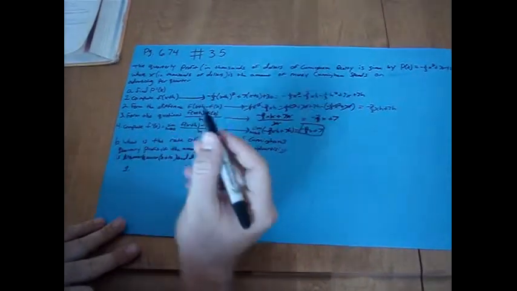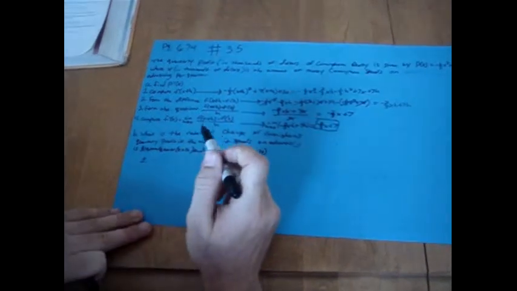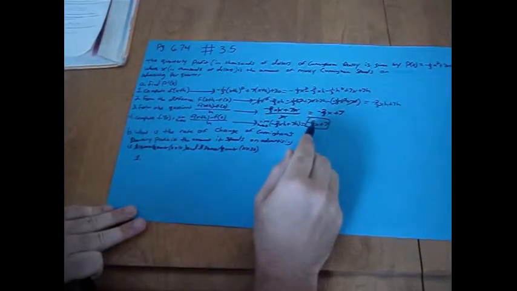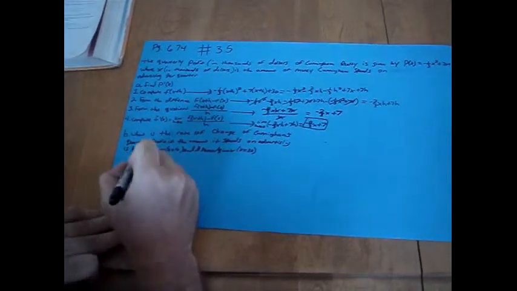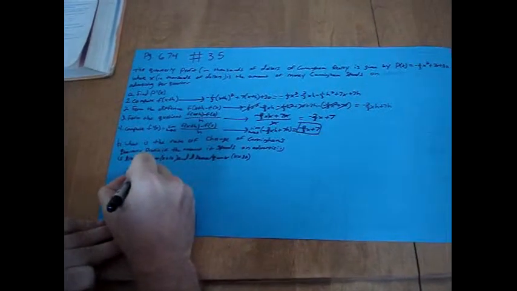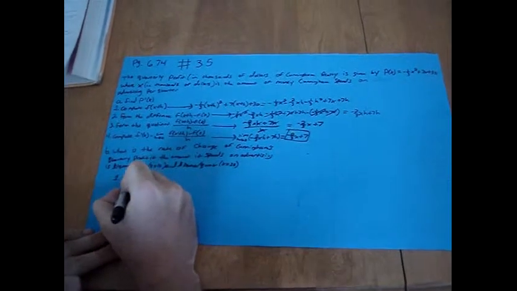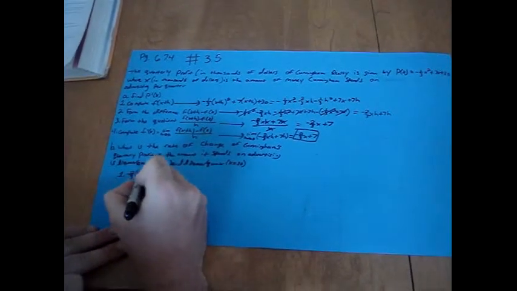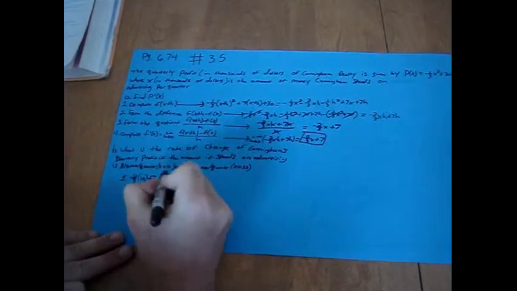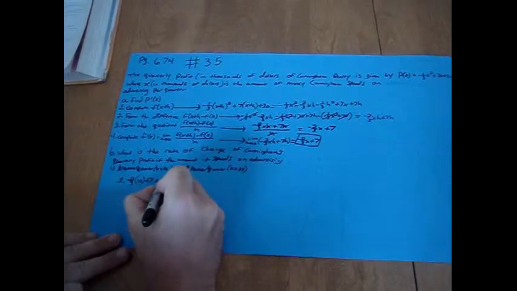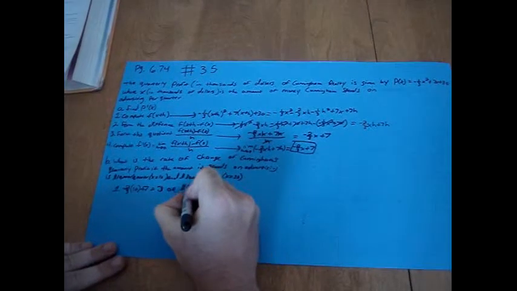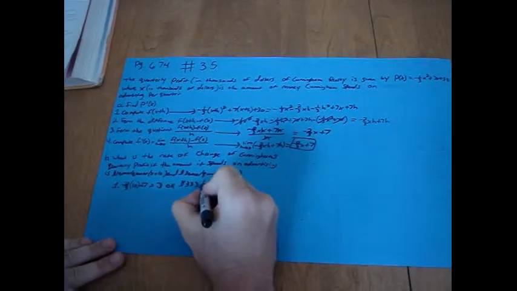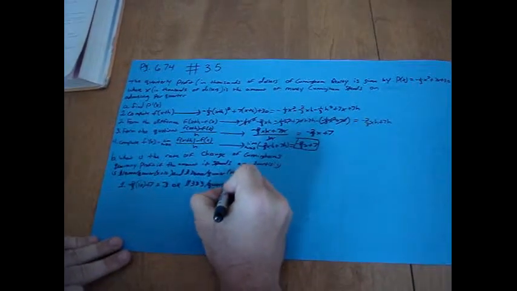What you have to do is take the answer you got here, negative 2/3 x plus 7, and plug in for the first part. You take x equals 10 and plug it into the function, which equals 0.3 repeating, or $333 per quarter.